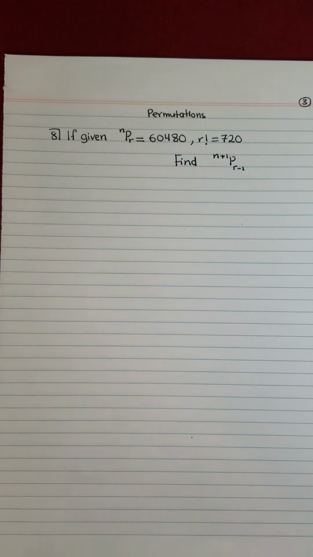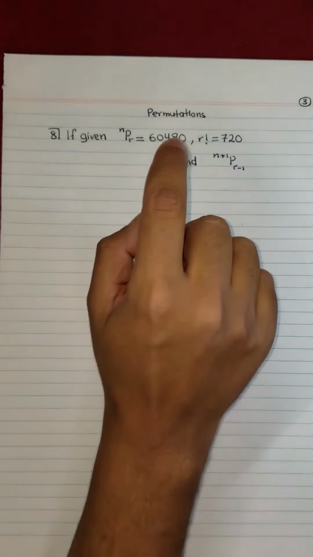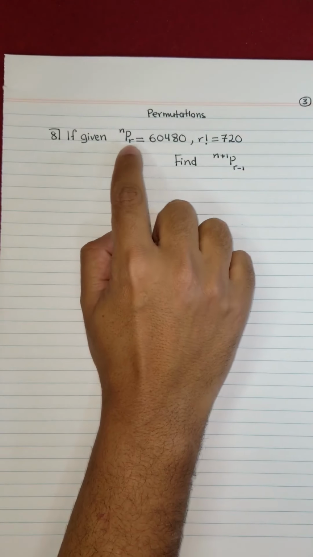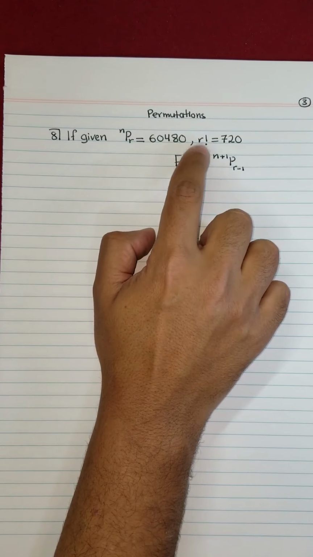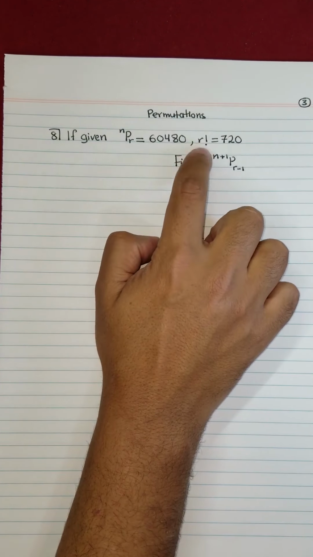So let's start first of all with the given. Here we're given that n permutation r is 6480, and we are also given that r factorial is 720. So from r factorial, we can right away find the value of r.